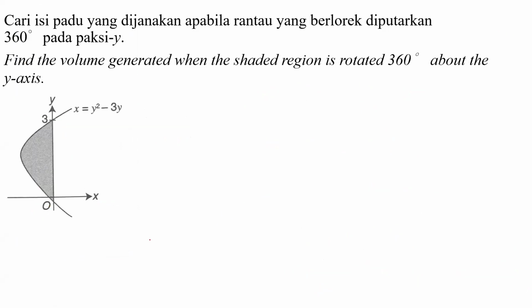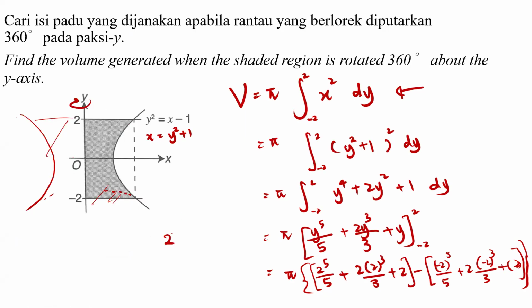So 27 and 7 over 15 pi unit cube. That's it. Is that your answer?